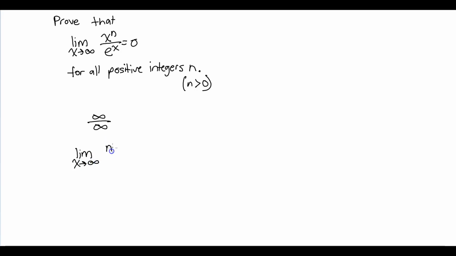So we have n times x to the n minus 1 over e to the x. But this also results in infinity over infinity. So we do this again. So we have n times n minus 1 times x to the n minus 2 over e to the x. And that also gets to infinity over infinity.